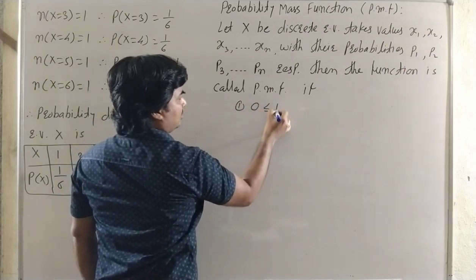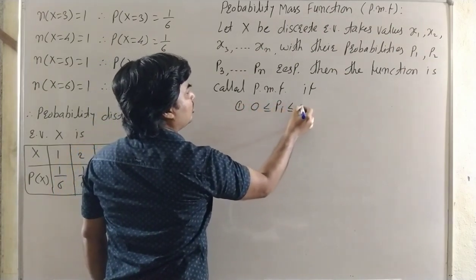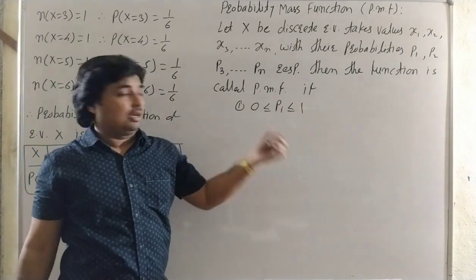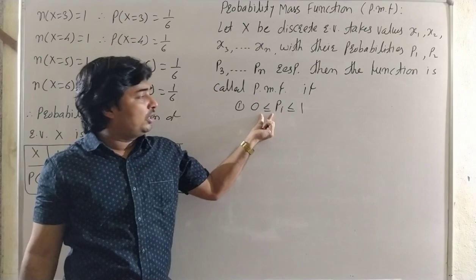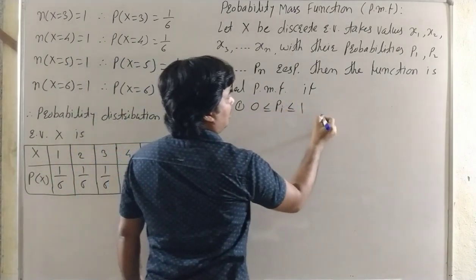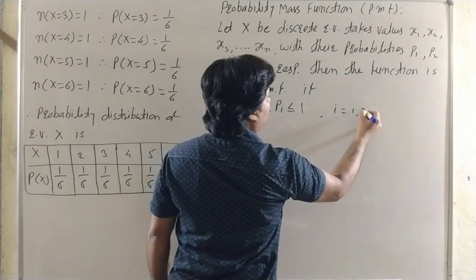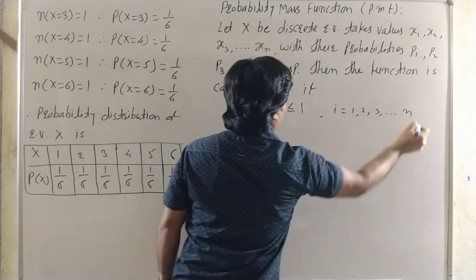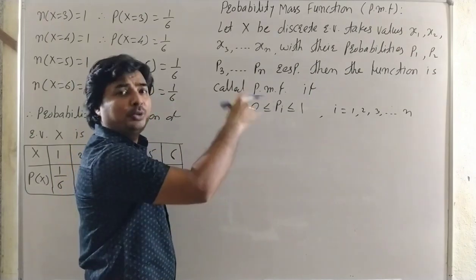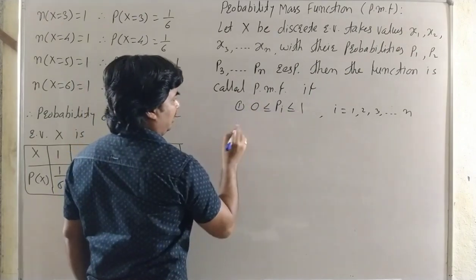All probabilities satisfy the condition of probability. That means all probabilities are between 0 and 1, that is, 0 less than or equal to pi less than or equal to 1, where i is equal to 1, 2, 3 up to n. All probabilities p1, p2, p3, p4, p5, p6 up to pn are between 0 and 1.